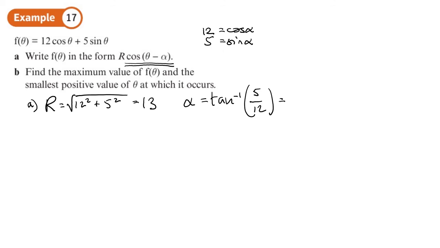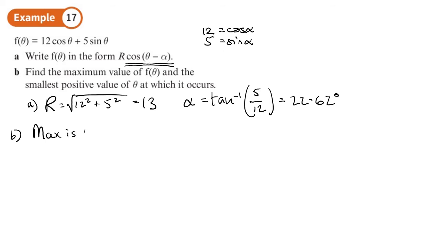and am I in degrees or radians? It does not say, so let's go for degrees because my calculator's already in degrees. Tan inverse 5 over 12, and we get 22.62 degrees. Right, part B. Find the maximum value of this function.